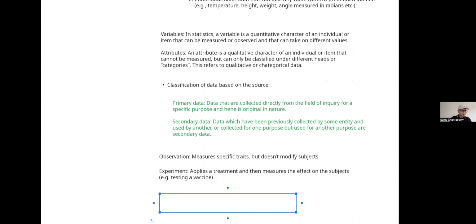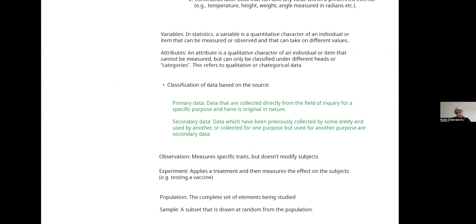This is very important. Okay, so the sample needs to be drawn at random from the population so that there is no bias, so that it's a proper representative of the population. We have to ensure that, which is why it is typically drawn at random. Okay.